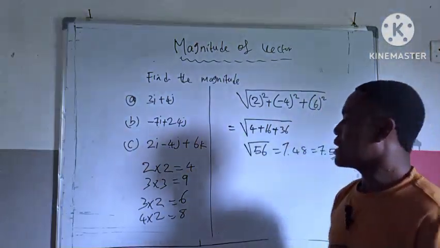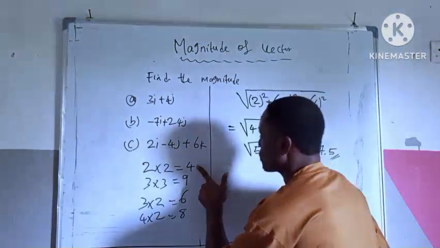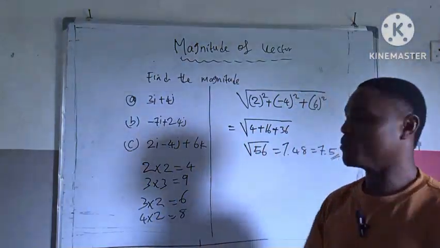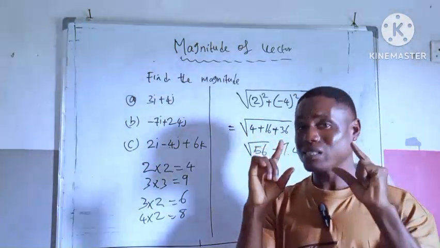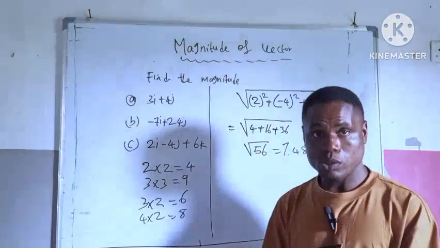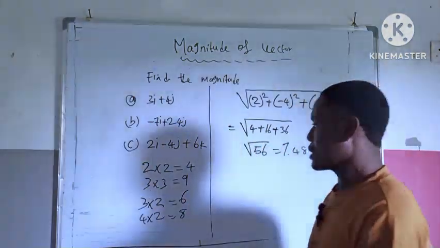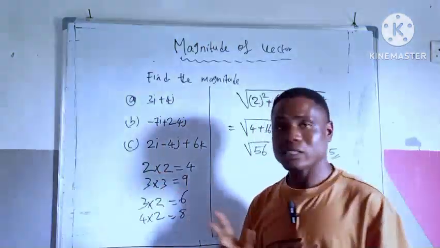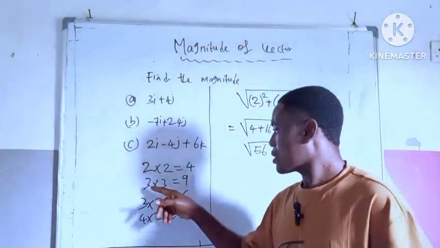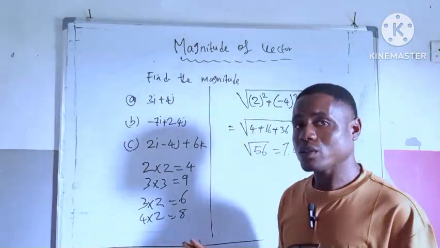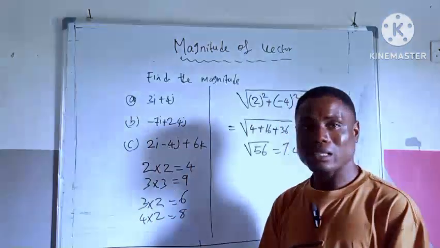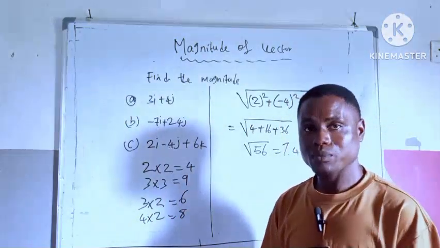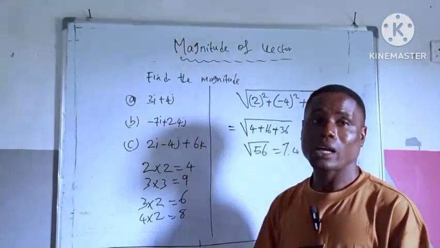Why? I said any number that can be gotten from the multiplication of two similar or the same numbers, that number is a what? Perfect square. Are you getting it? You can see that 2 and 2 are the same numbers now, isn't it? 3 and 3 are the same numbers. And we got these values. But 3 and 2, are they the same numbers? They are different numbers. 4 and 2, are they the same numbers?